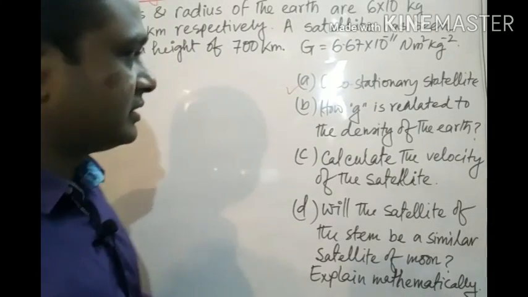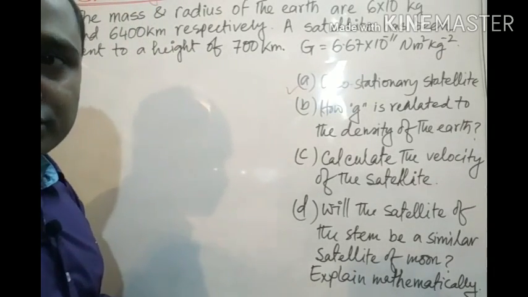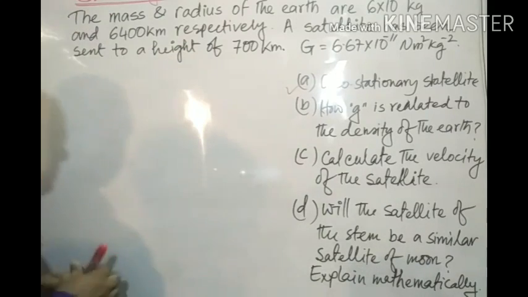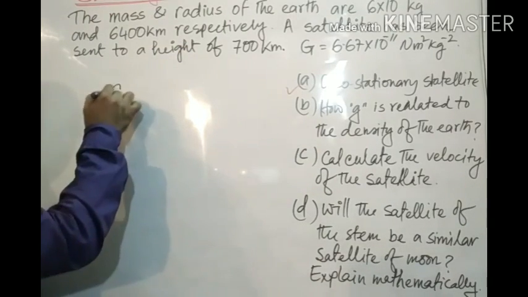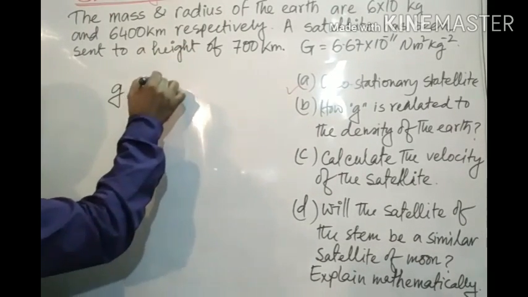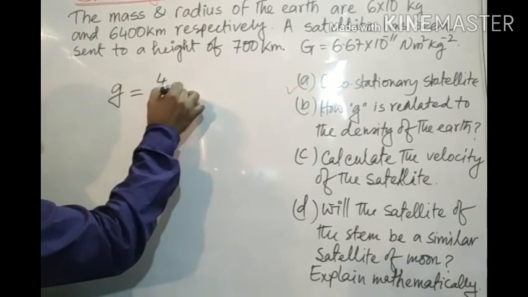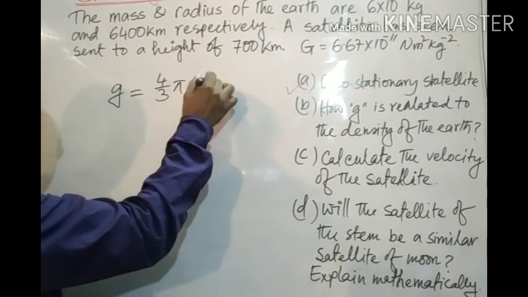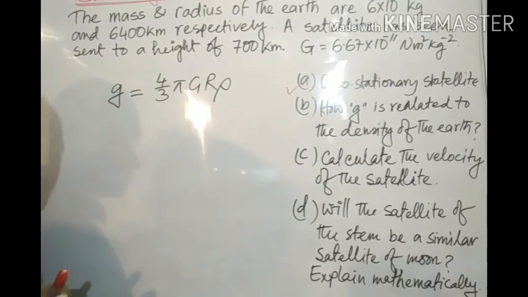We know the acceleration due to gravity can be expressed as g is equal to 4/3 πGρR.